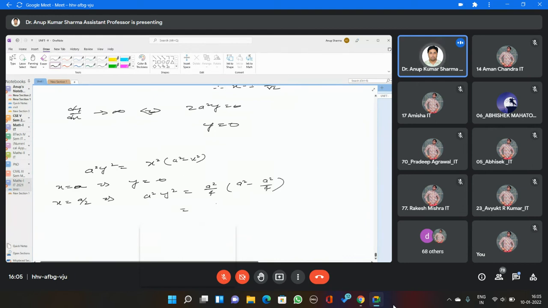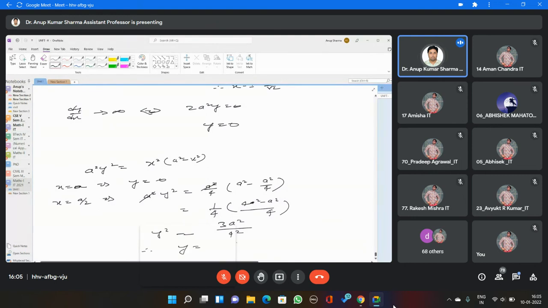This implies that this cancels out. Now we have 1 upon 4, and 3a square upon 4 is y square.